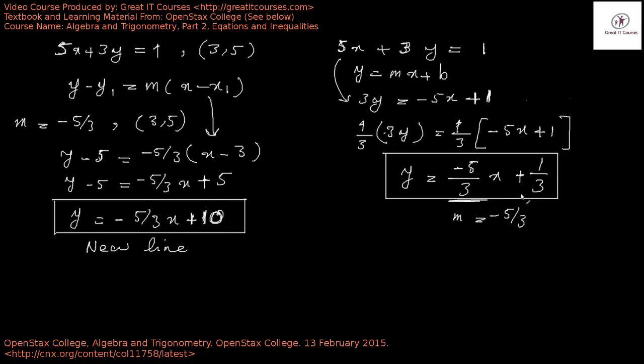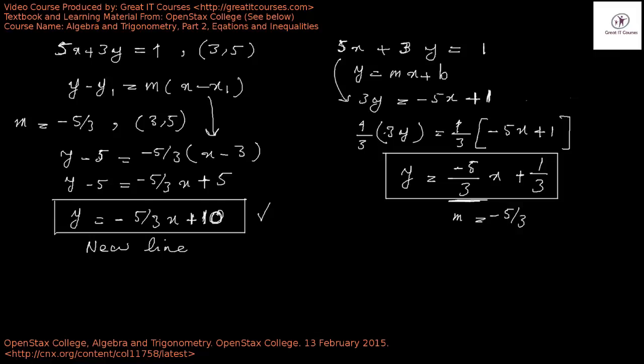As you can see, they both have the x coefficient, or slope, of minus 5 by 3, but their y-intercepts are different. This one crosses the y-axis at point 10. This one at point 1/3 on the y-axis. So the equation is y is equal to minus 5/3 x plus 10, which is correct.